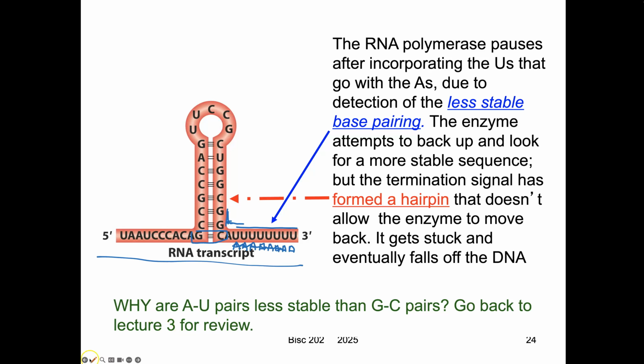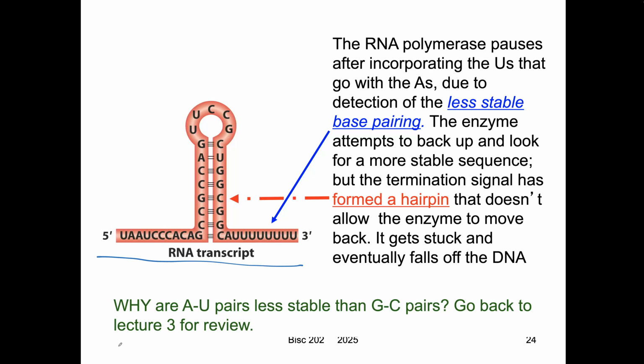So that's, in a very, very simplified way, what's happening. Now, when I talk about it, I always talk about it as if the enzyme knows what it's doing. But remember, this is just an automatic feature of the enzyme.